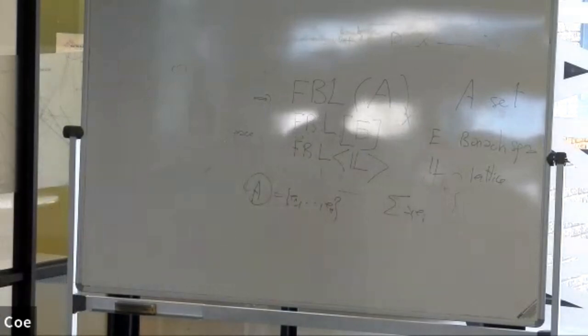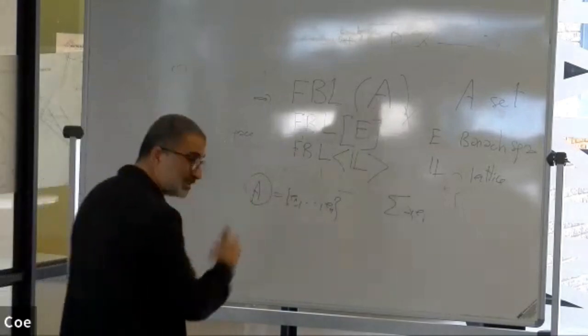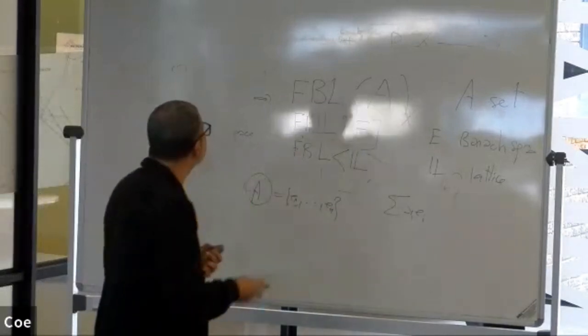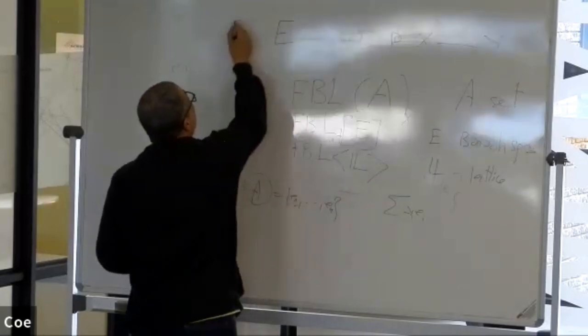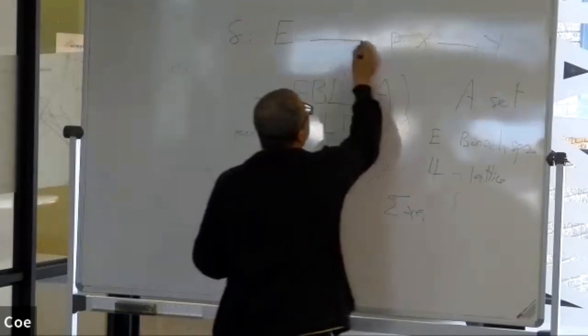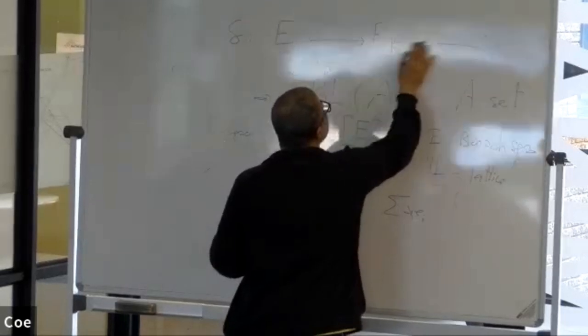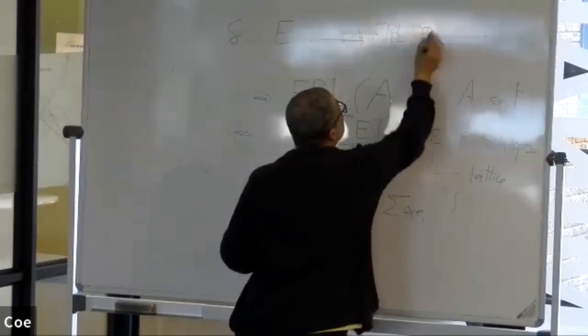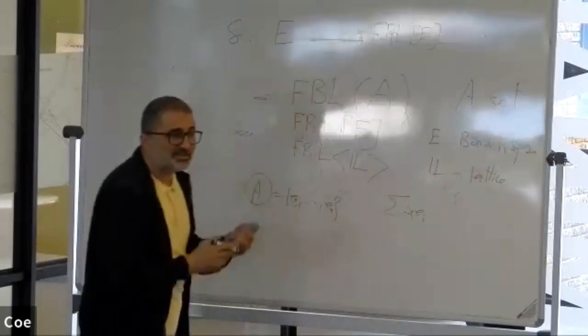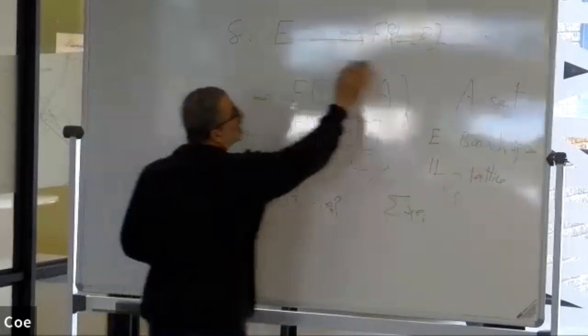It is a Banach lattice together with a linear isometric embedding. So we have a space E, and there is a map from E to the free Banach lattice, which is an isometry. So we can see E here.